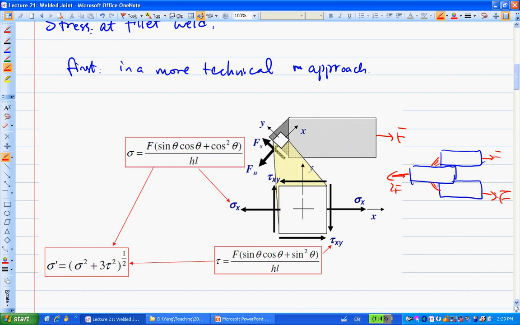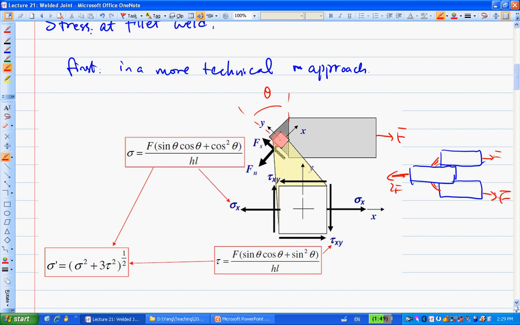It doesn't matter how you cut. You cut it maybe at a certain angle. Basically, this one is theta. Then we look at a stress element at the cut location.